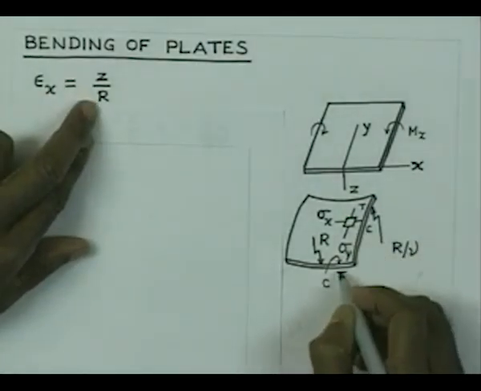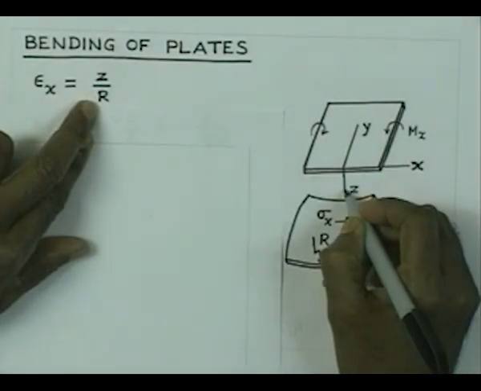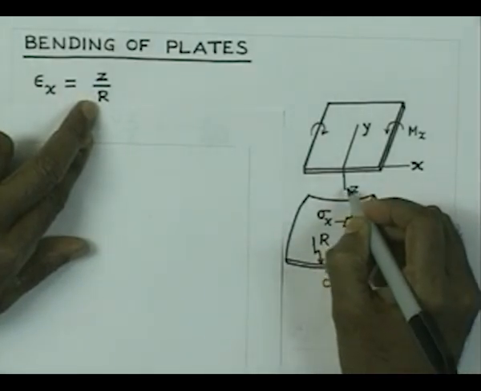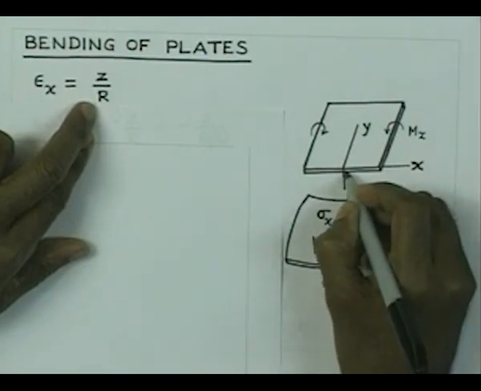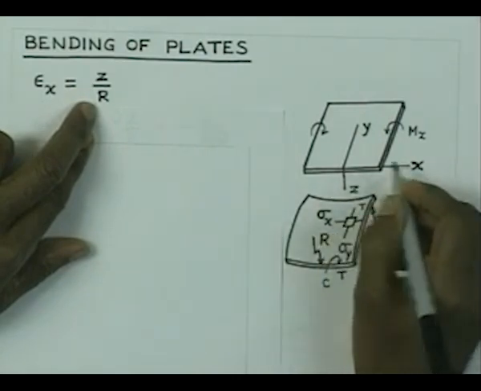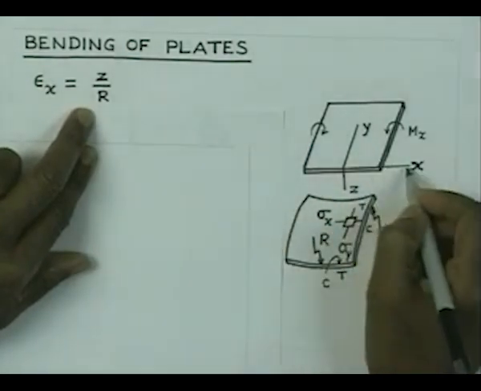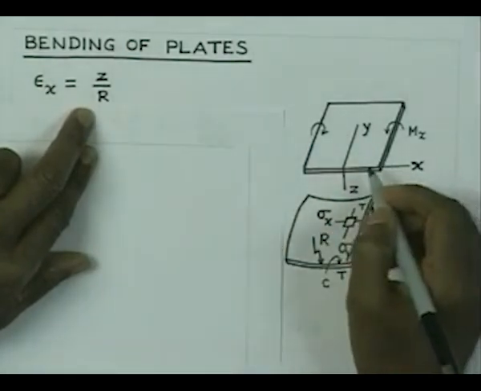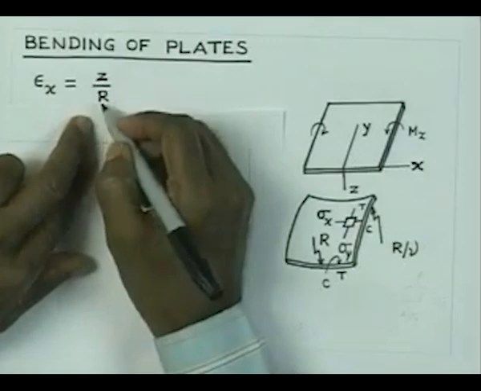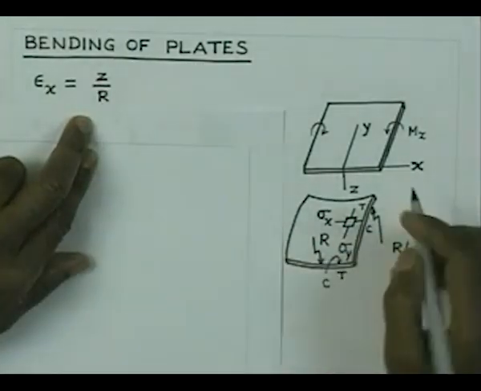So, for positive value of z we are going to have positive strain, and we consider that this x axis is right at the center of the plate, or the xy plane coincides with the center of the plate, and then we have this as the distribution of the strain.